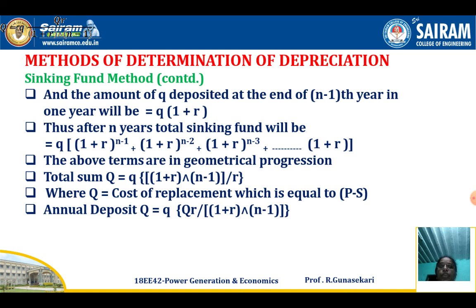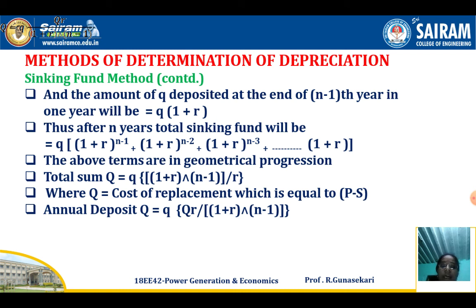So the total sum capital Q equals small q times the numerator 1 plus r to the power n minus 1, divided by small r only.